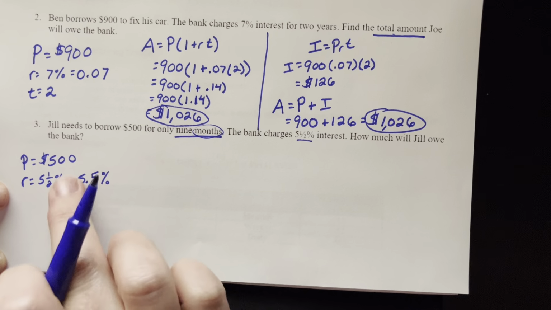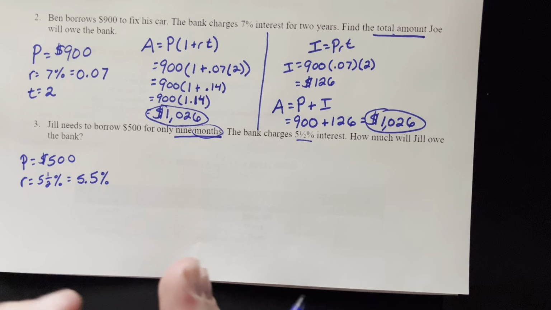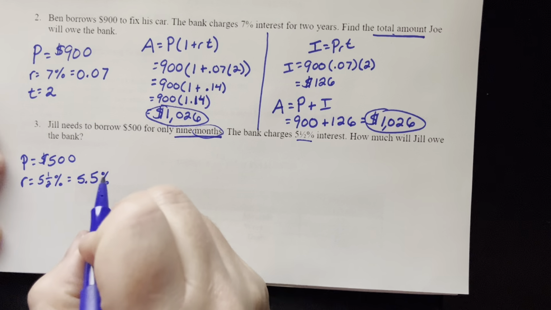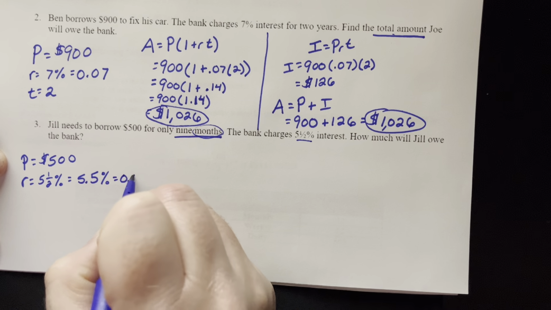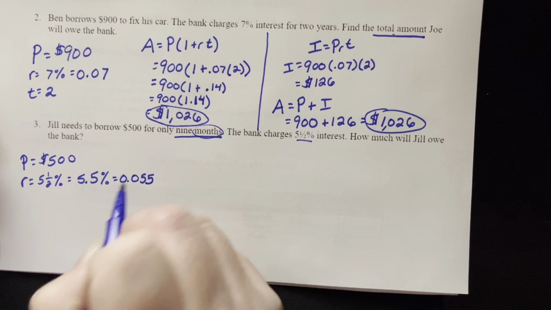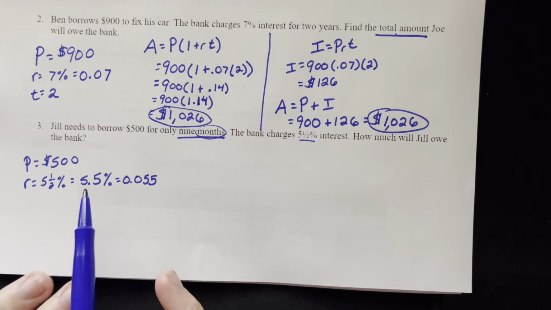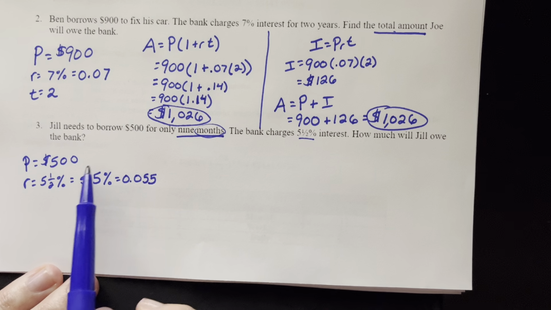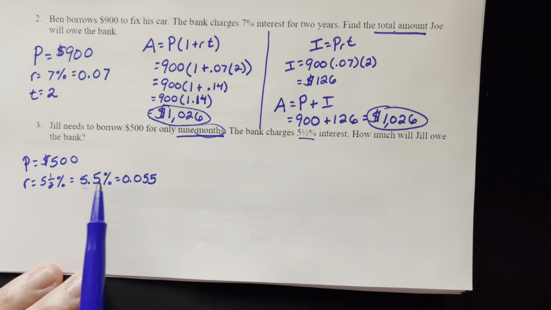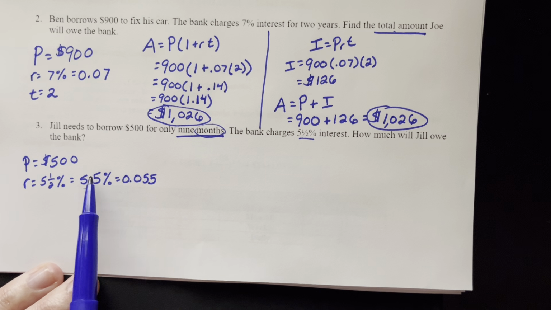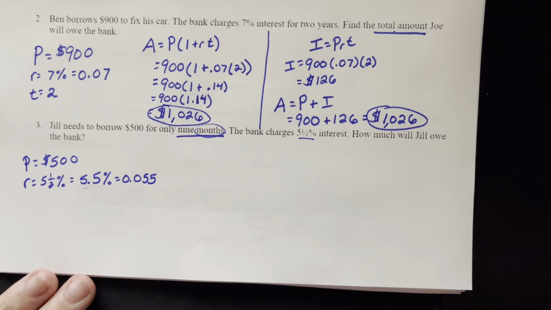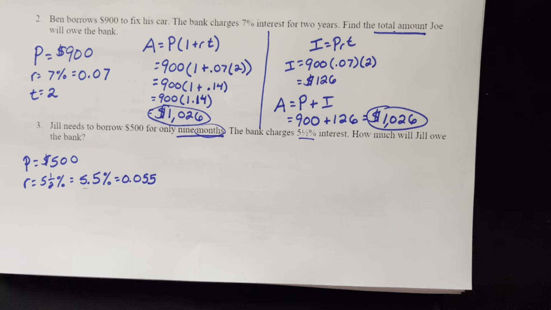So we still need to rewrite this percentage into its decimal equivalent. So that would be 0.055. So be very, very careful with that. Even though this is a decimal, we're still talking in the units of a percentage. So we still need to rewrite it into a decimal equivalent.